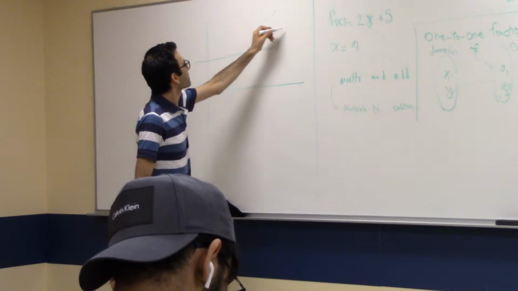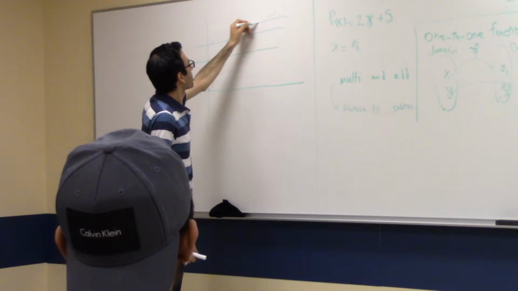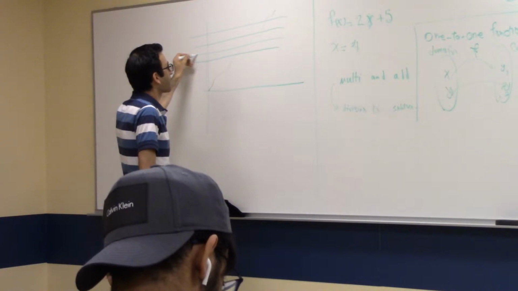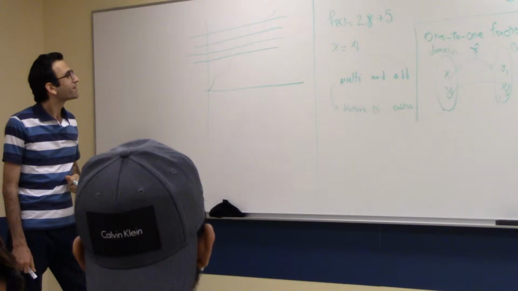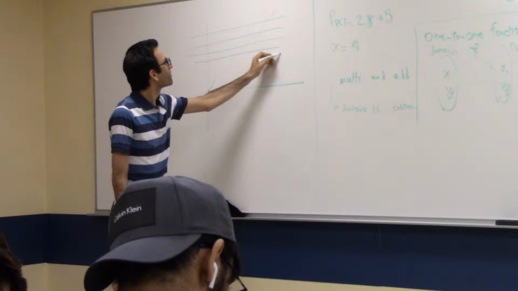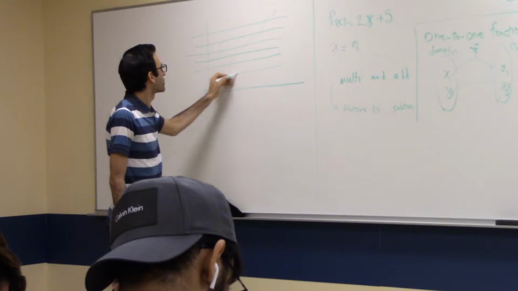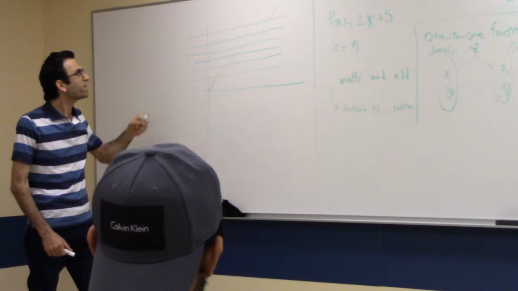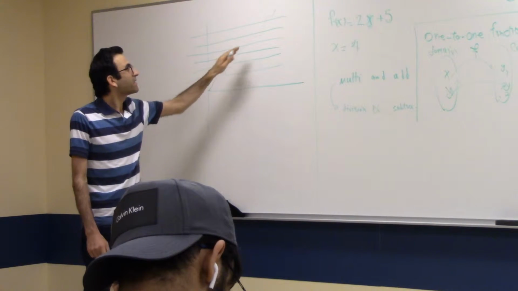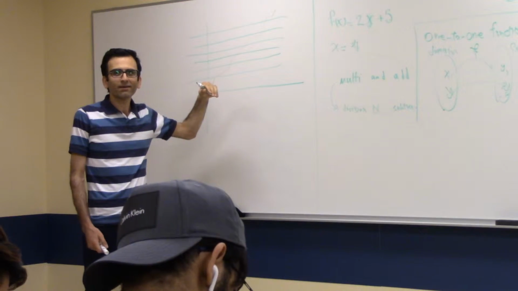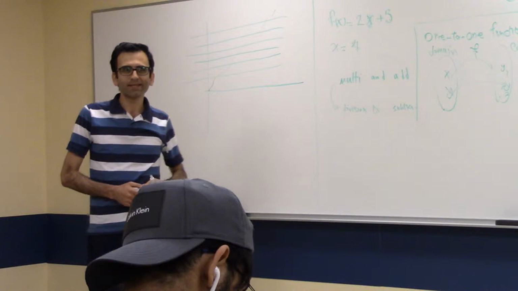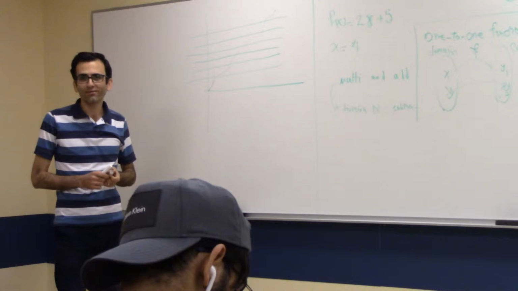The horizontal line test means we can draw different horizontal lines. If the lines don't cut the function at more than 1 point, that function is a one-to-one function.